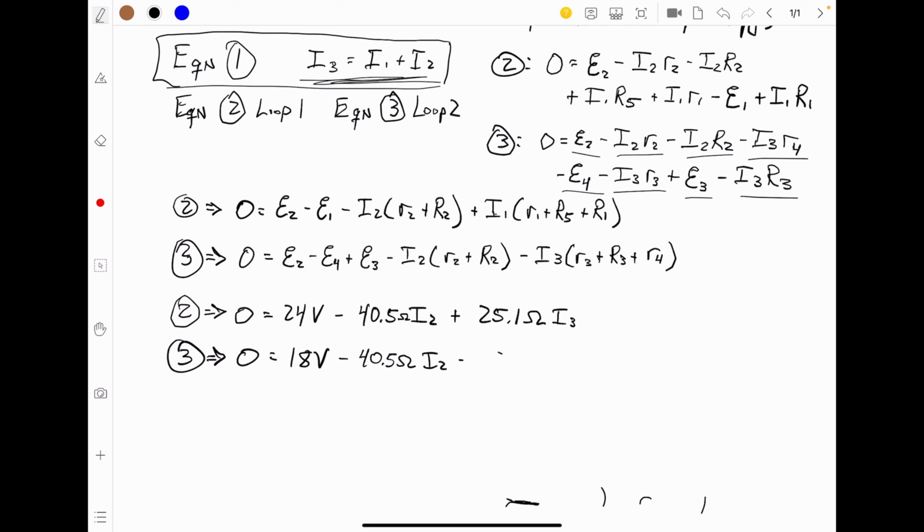So little r3 is 0.05. All right. Big R3 is 78. And then little r4 is 0.2. So we end up with 78.25 ohms times I3. So that's a nicer way to work with it.